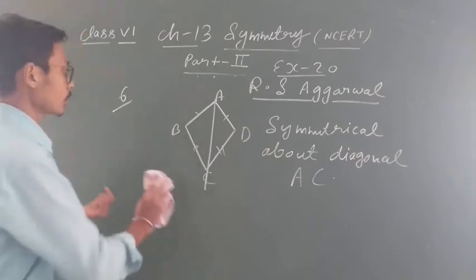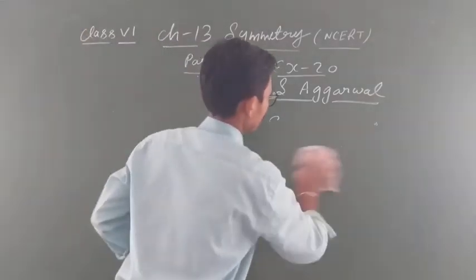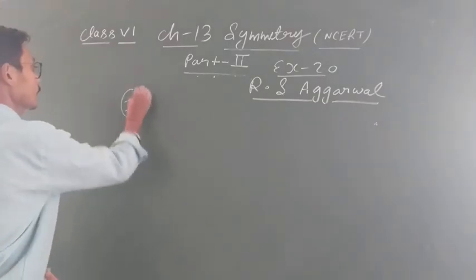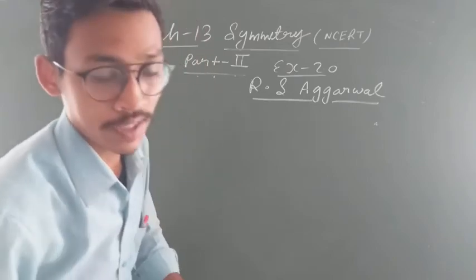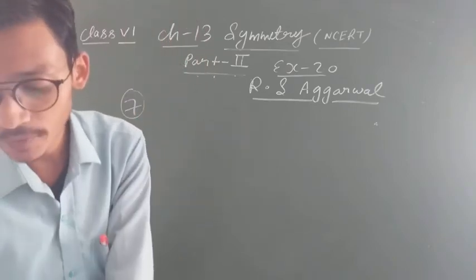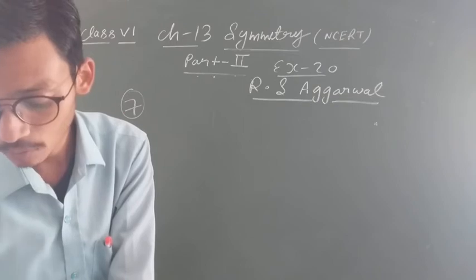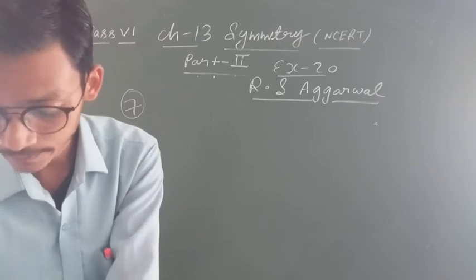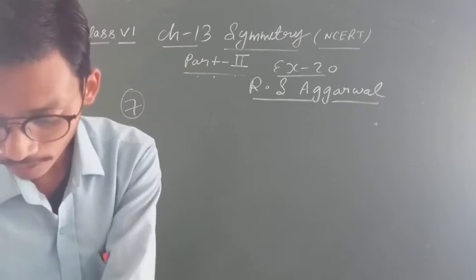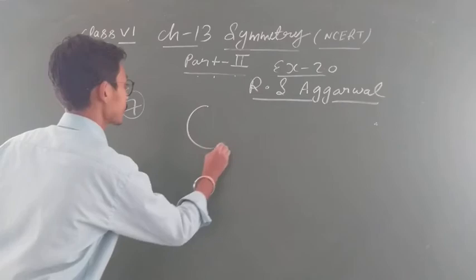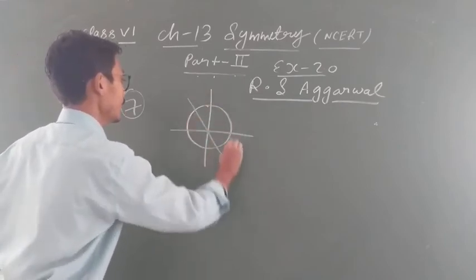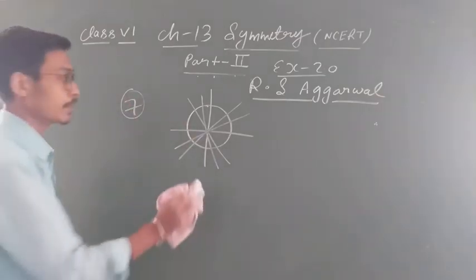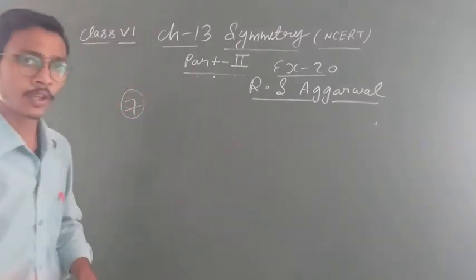अब देखो this is question number 6, you can write down question number 7. Question number 7 is given, very good question is given student, and we also discussed in previous video, the letter O of the English alphabet, you have to find out line of symmetry. ठीक है ना. तो देखो if circle is given, तो here unlimited line of symmetry, but it is given O, so O you know that not totally circle.